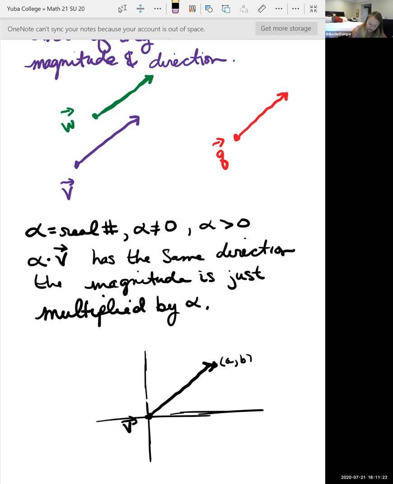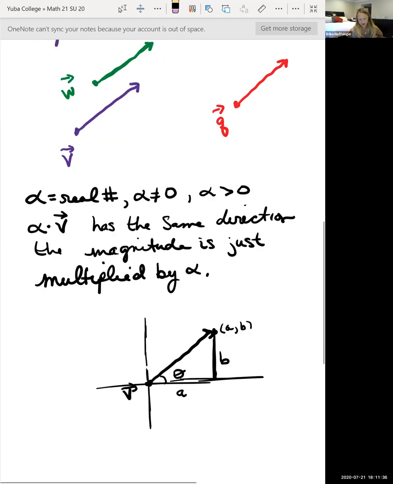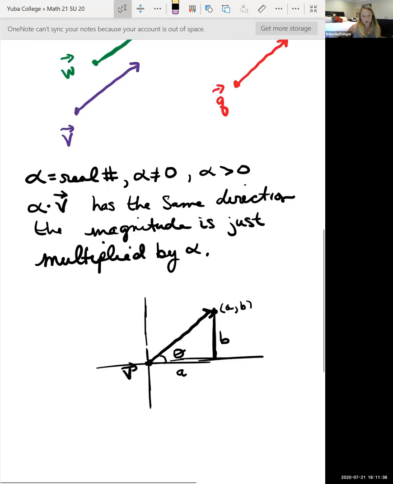So then we know what our y value of that point is: b is the height. This is our length. Guess what we're going to do? Good old Pythagorean. So that magnitude, and we denote magnitude with a double bar around it.